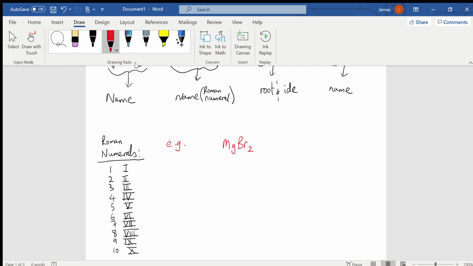Okay, so we're going to look at the cation and the anion separately. The cation here happens to be a constant charge because magnesium is in group 2, it's an S-block metal. So it's a constant charge, so we know it's going to be Mg2+.